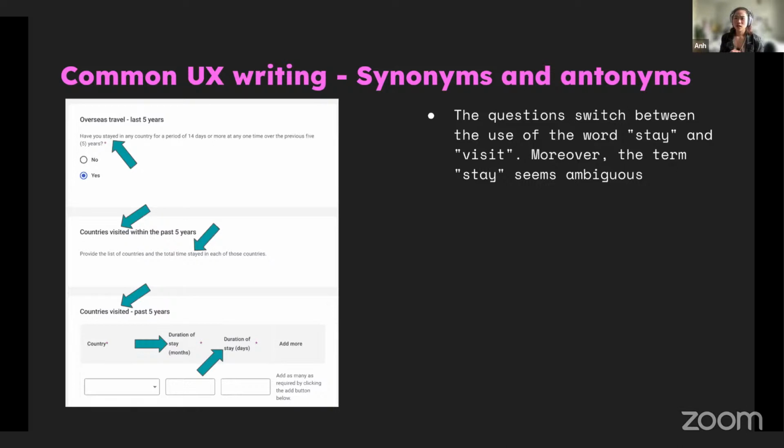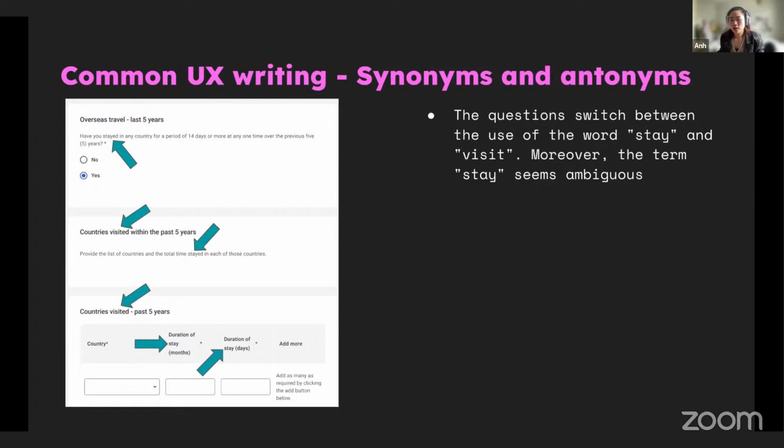And they also use the words past 5 years and then last 5 years. Is that the same thing? Also, what if I stay for only 5 hours and here they only allow me to put in a number in months and days? How do I fill that in?